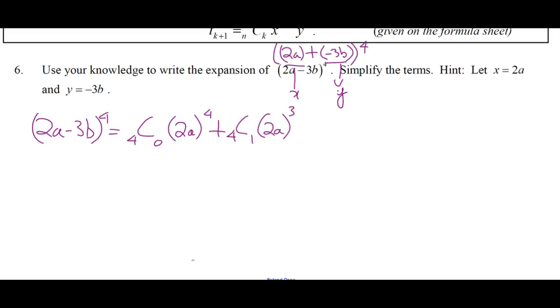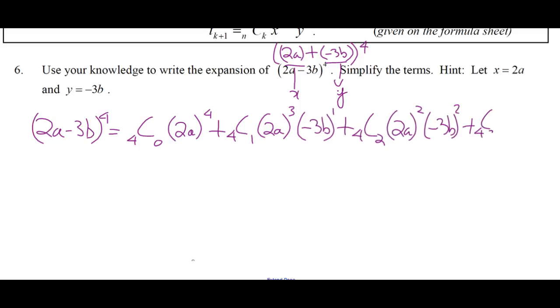Only when I write an x now, it looks like 2a. Plus 4 choose 1, x cubed, and when I write y, it looks like this. Plus 4 choose 2, and this is what x now looks like, but this is what y looks like. Plus 4 choose 3, and I could never fit it onto one line.